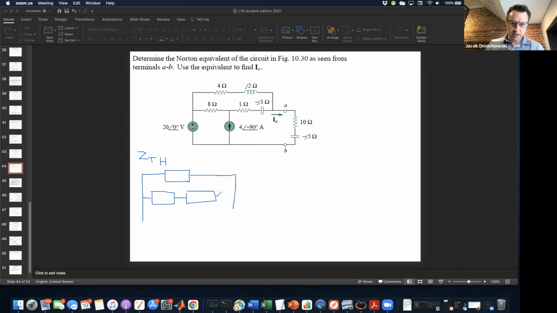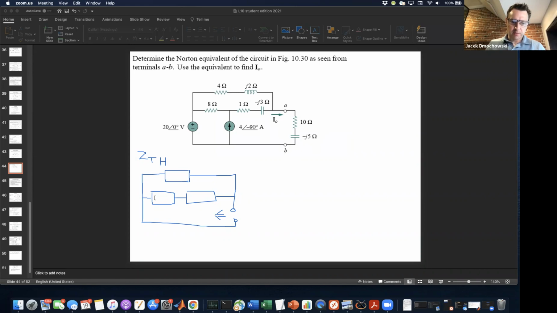One thing that may be confusing is that we don't actually consider a load between A and B. We take that out for the Norton analysis. We're saying if you were looking from terminals A and B into the circuit, how much impedance do I encounter? So I don't have to worry about anything that's between A and B.